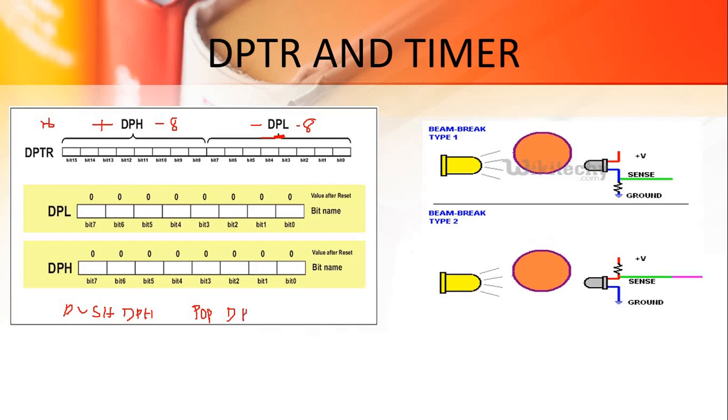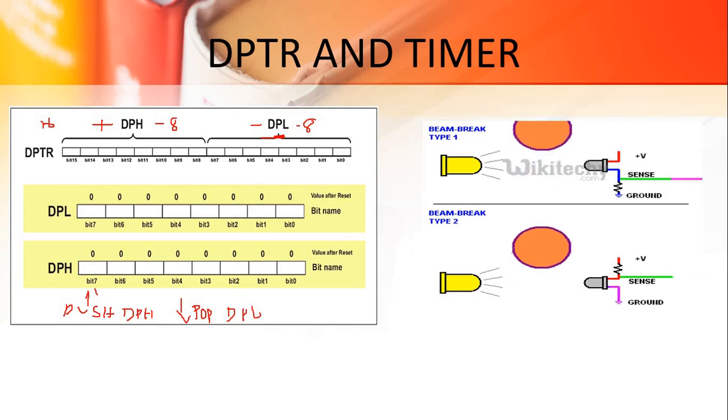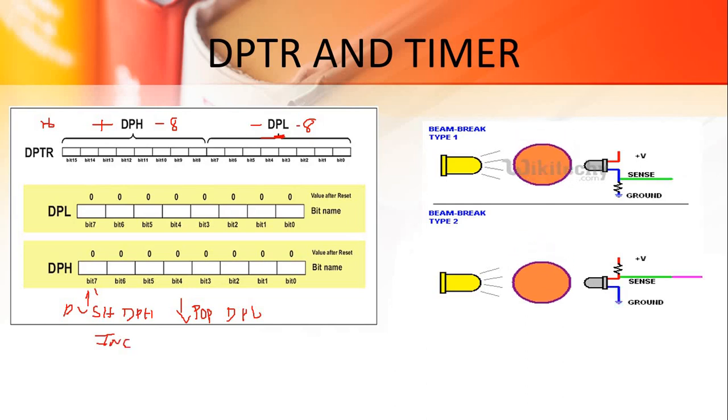Push and pop: push means increment, pop means decrement. And with this DPTR we can also increment the data pointer to store any instructions.